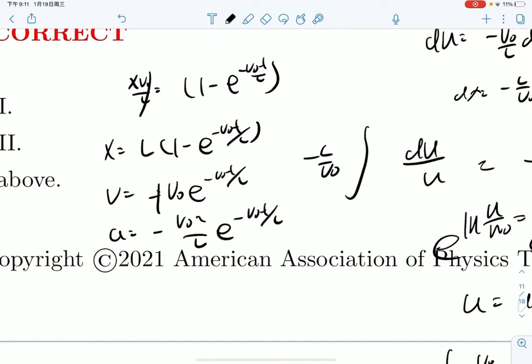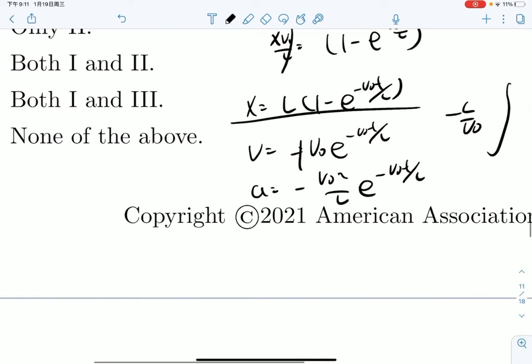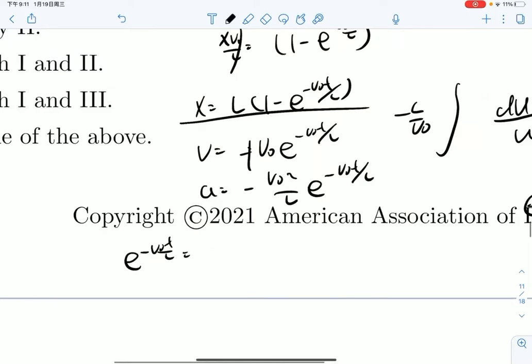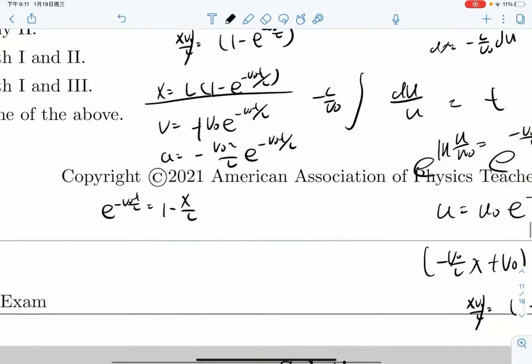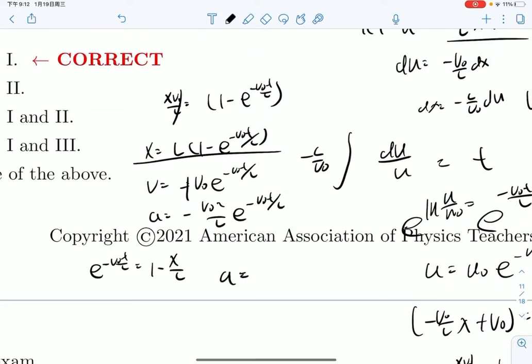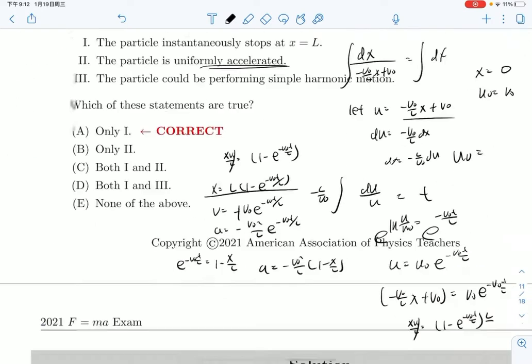From this term, we can have e^(v0 t/L) is equal to 1 minus x divided by L. So a is equal to v0 squared over L times (1 minus x/L), which is not constant.